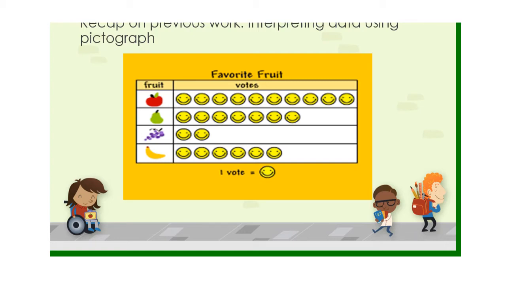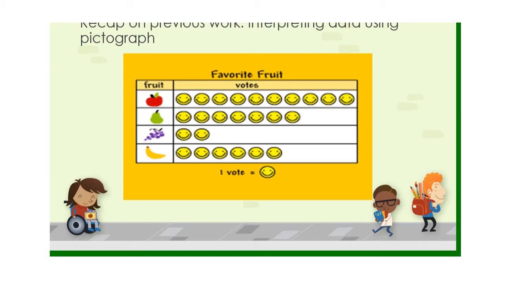But we also learned that a pictograph is a type of graph that represents the number of items through pictures, okay? So we said that a pictograph does not have numbers, it only has pictures. So you can only read information by looking at pictures.